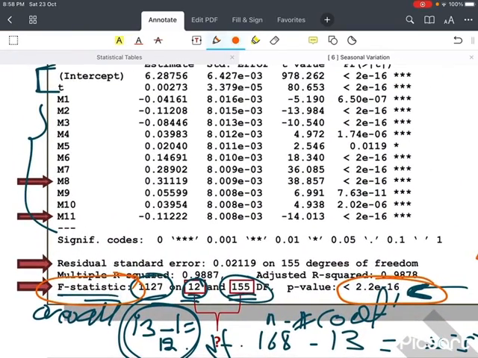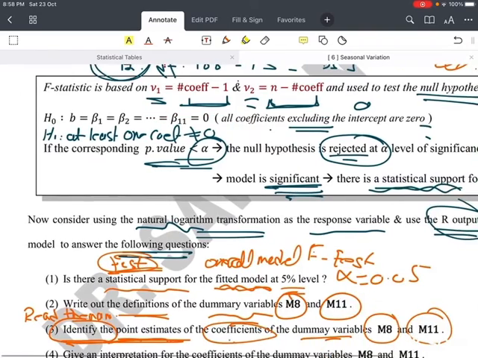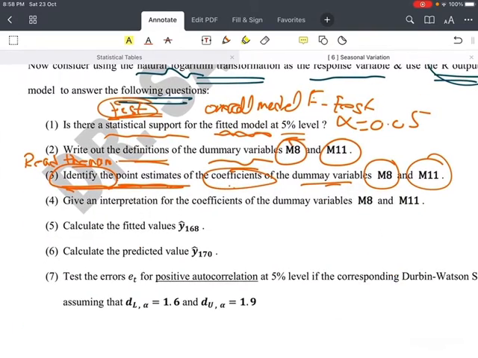Identify the point estimate of the coefficients of the dummy variables M8 and M11. I will go to the output. The point estimate of the coefficient is taken from the output: the number next to M8 is its coefficient, which is beta 8, and this is beta 11. You will write them.